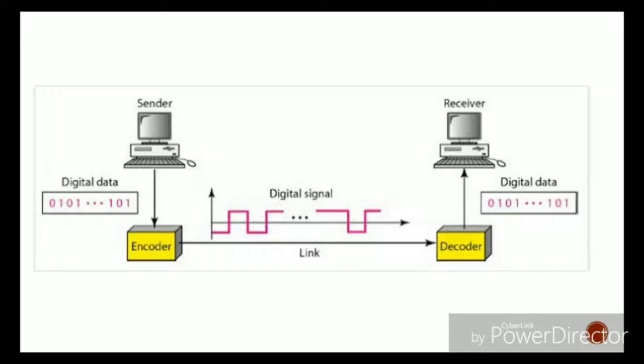Now, to convert the information from the sender into digital data, we must use an encoder. We then convert it to a digital signal in order for the data to travel the medium, which we see in the example as a link. Once the digital signal reaches its destination, the signal must be converted back into digital data. This time, we must use a decoder for this process.